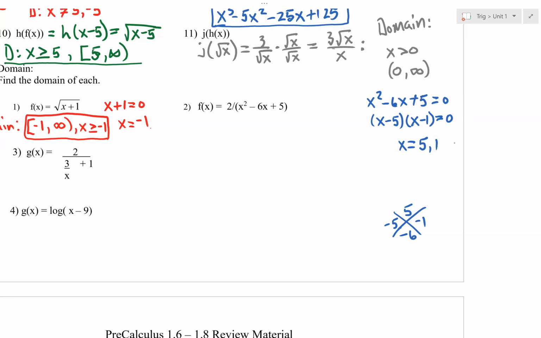Now, those two values are what make the bottom 0. And since we can't have the bottom equaling 0, there are two ways we're going to write this.